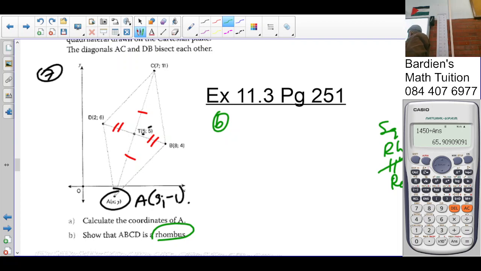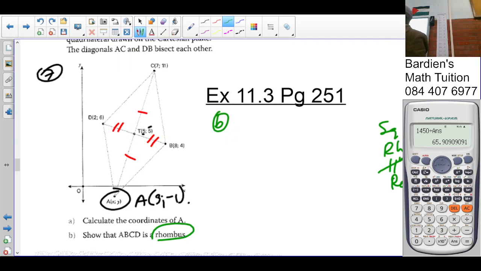So which property would we find in a rhombus that is not in a parallelogram? That's the question you should be asking yourself. What do we know of a rhombus that's not in a parallelogram? What are the properties of a rhombus?